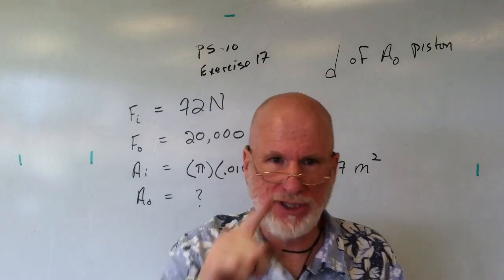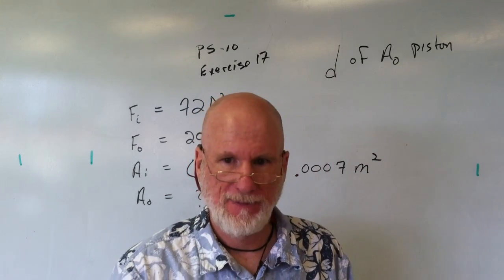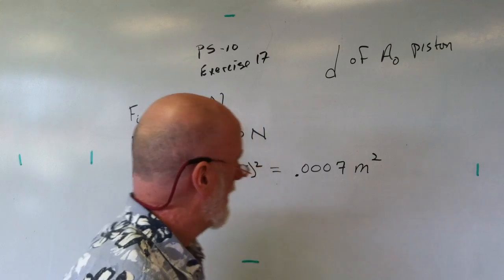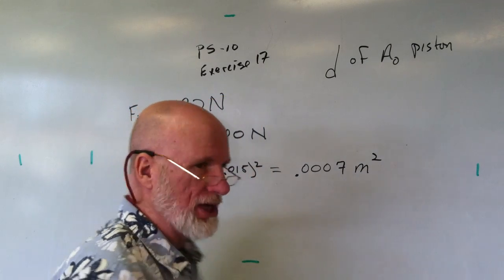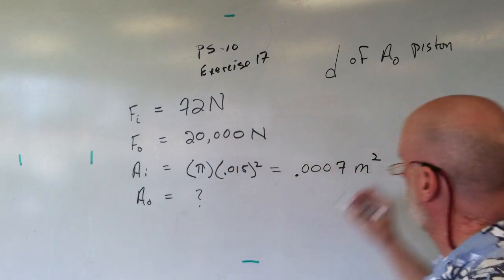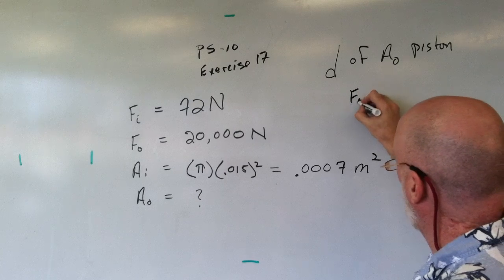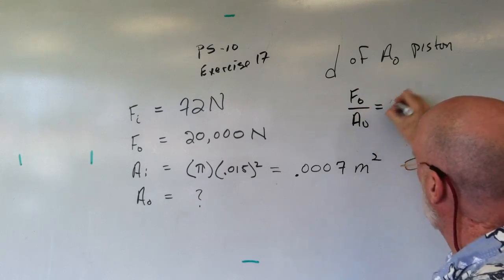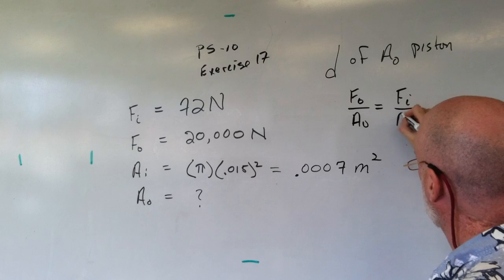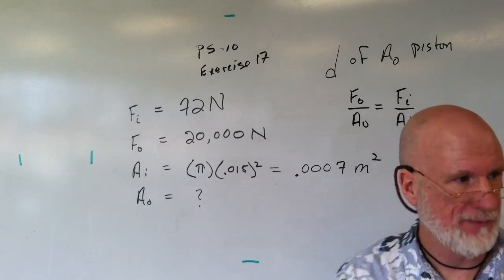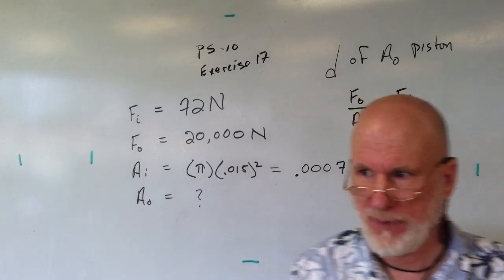Isn't that what I'm looking for? Can you see that on the thing? Okay, so what's the equation for Pascal's principle? Isn't it FO AO equals FI AI, right? Yes?